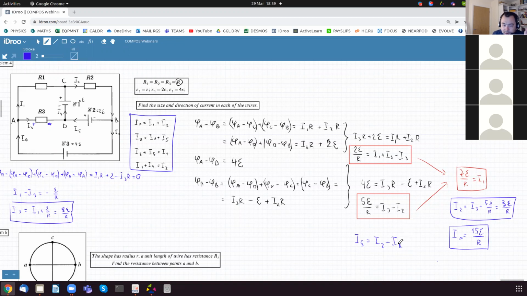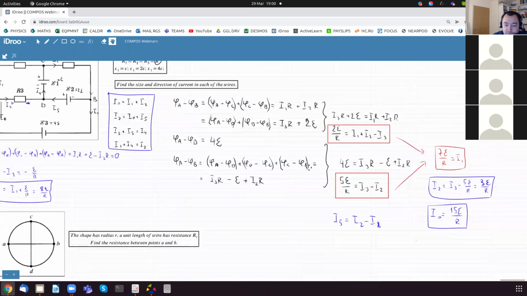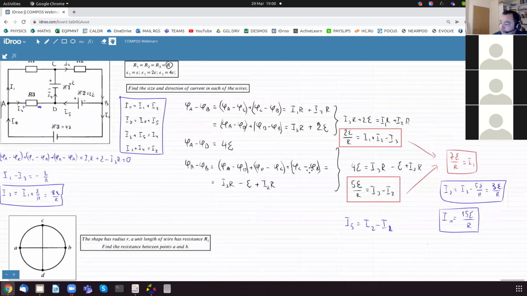Once you have the first unknown current, then it becomes very easy. So there are a few questions like that in the assignment where you need to use that. And one of these questions is where you have a network of resistors with 5 different resistors, and you need to find the total resistance.